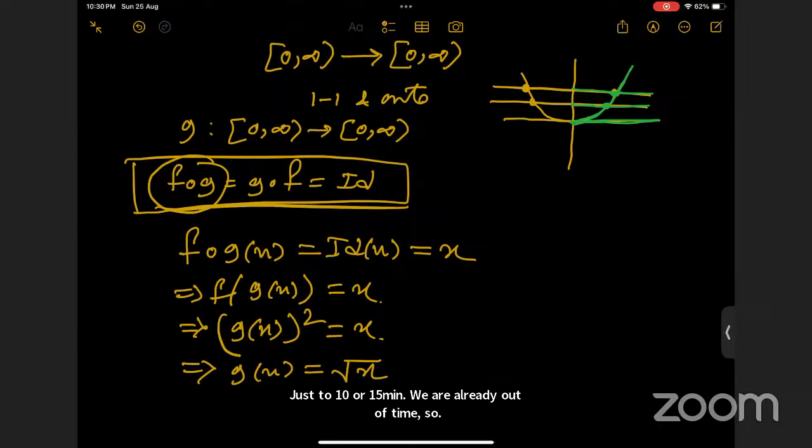Okay, I have posted. I don't know why I cannot see your screenshot.